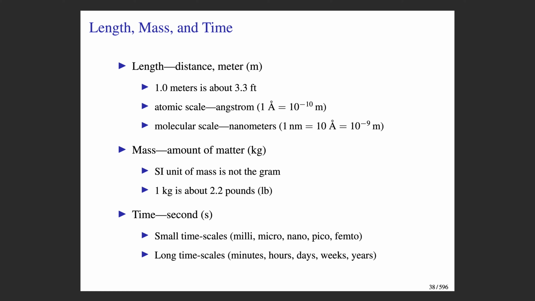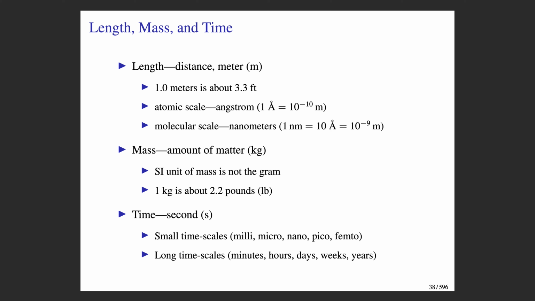In terms of units of time, seconds is the SI unit. And for small time scales, we do use SI prefixes. So it's common to see quantities reported in milliseconds, microseconds, nanoseconds, even pico and femtoseconds, depending on what type of experiment you're talking about.